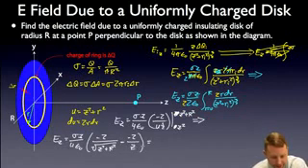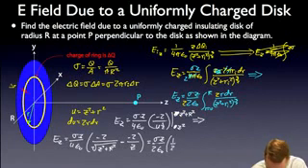Or, simplifying that, that's sigma z. You can pull a 2 out of both of those. Sigma z over 2 epsilon naught times 1 over z minus 1 over the square root of z squared plus r squared.